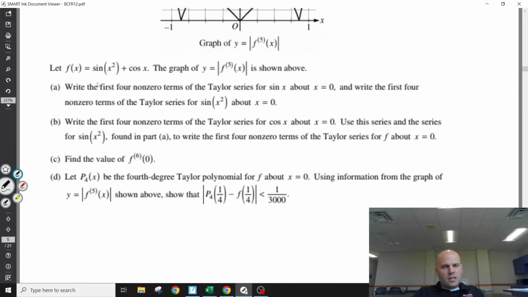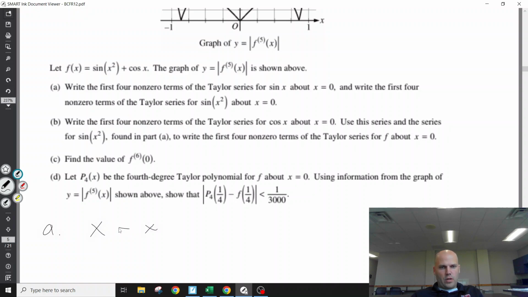All right, look at A. Easy. Sine's Taylor series. Sine's Maclaurin series. Easy. I mean, probably not even read it. So sine of 0 is 0. So this is the one that starts out with sine's first derivative, which is cosine, which plugged in 0 is 1. Cosine of 0 is 1.